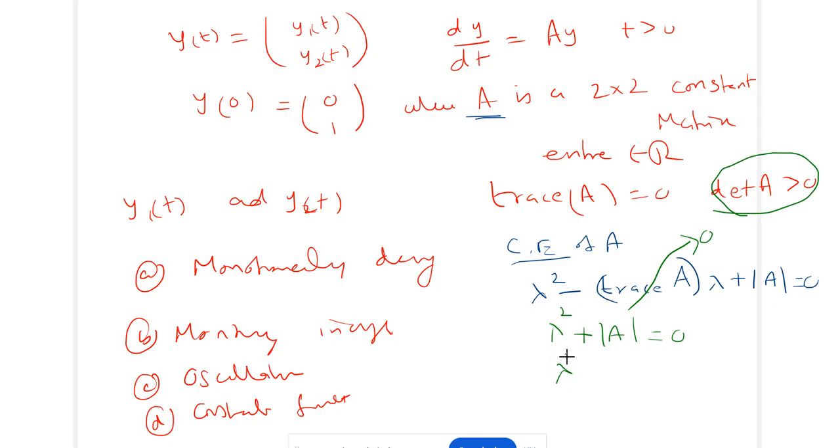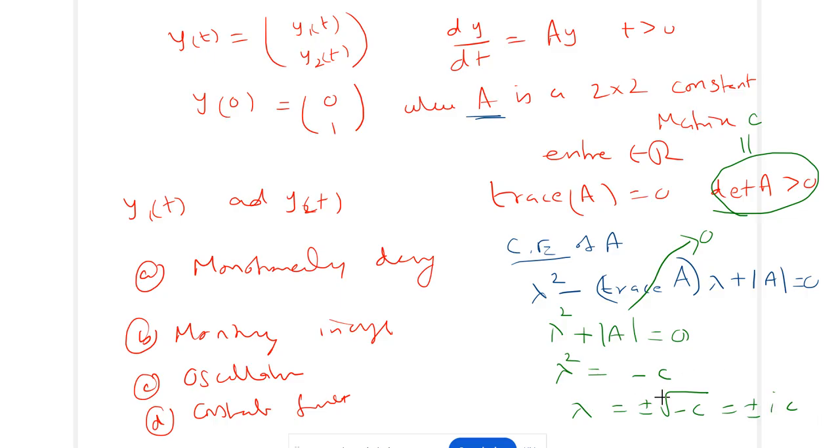Let that positive value be C. Then lambda square equal to minus C, where C is greater than 0. So lambda equal to plus or minus square root of minus C. C is positive, so plus or minus iC.